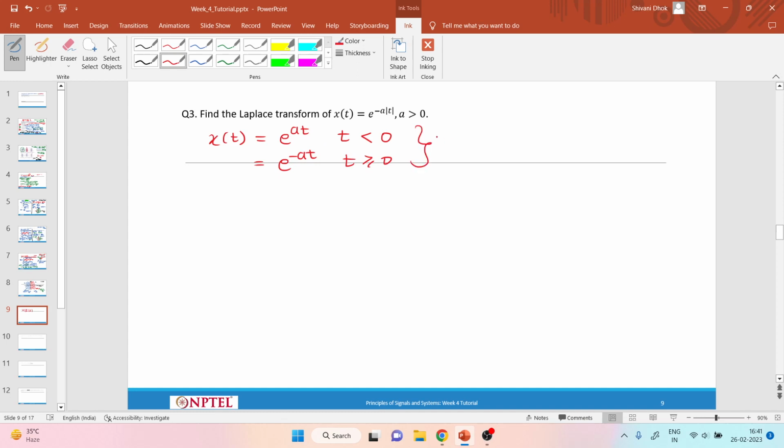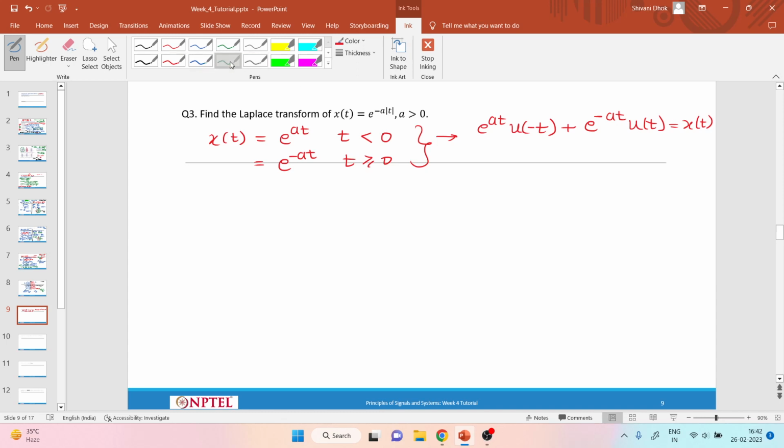So I can write this as e power at u of minus t plus e power minus at u of t. So these are the two signals that we are having, and this is equal to your x of t.